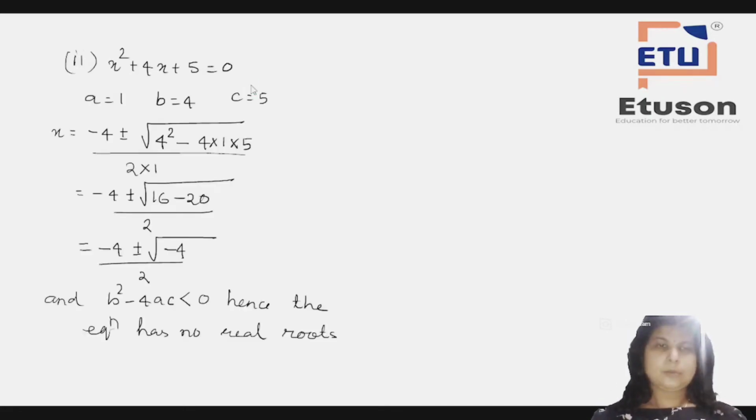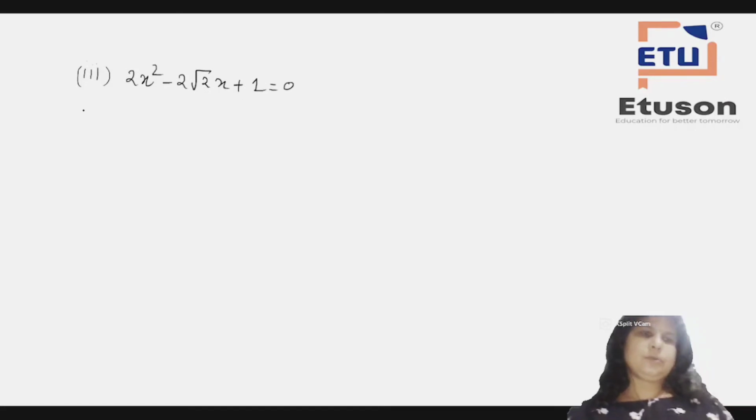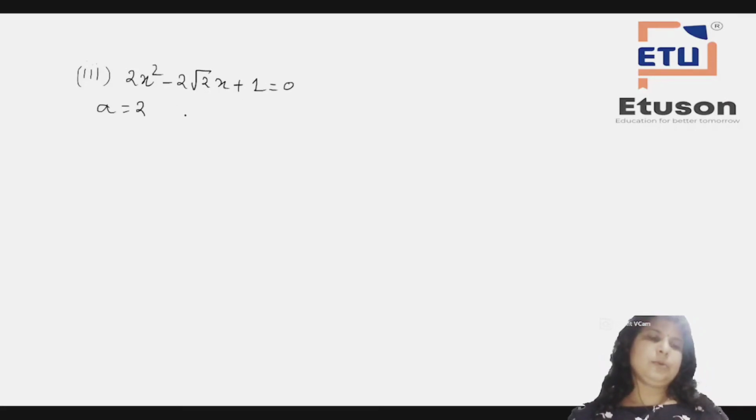So let us write down bit 3. 2x square minus 2 root 2x plus 1 is equal to 0. So here you have a is equal to 2, b is equal to minus 2 root 2 and c is equal to 1.